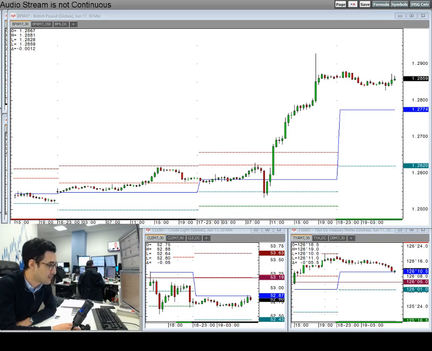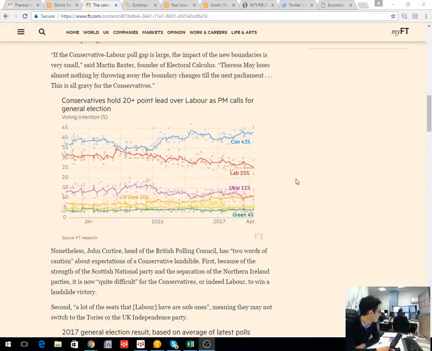That's looking at this. So Conservatives hold a 20+ point lead over Labour as Theresa May has called for a general election. So if you were looking at a calculated or strategic timing in order to call this election, at its most opportune moment to hit Labour while they're down, then this is it.